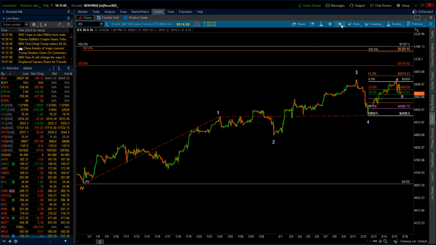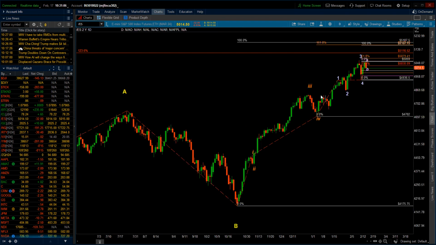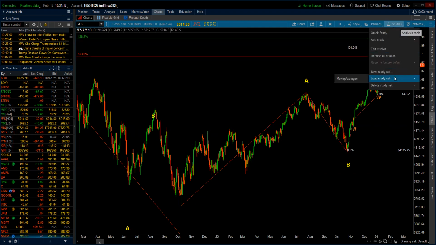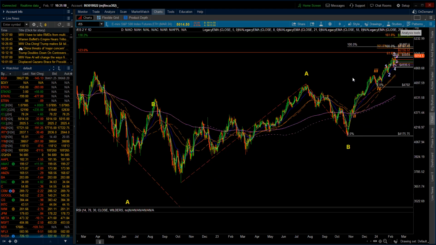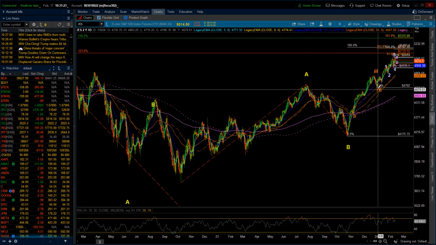Moving average-wise, everything's remaining in place. In fact, all of my moving averages somehow got removed. I don't know why that happened. Let me go load moving averages. There they are. Okay, now they're all back on.